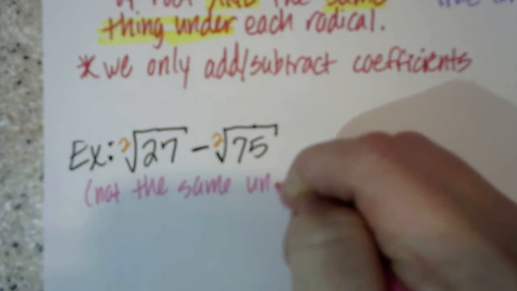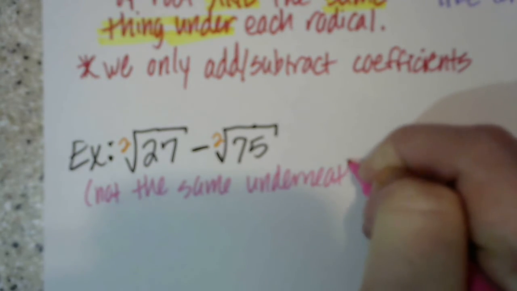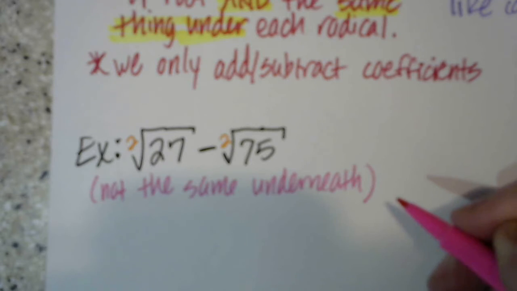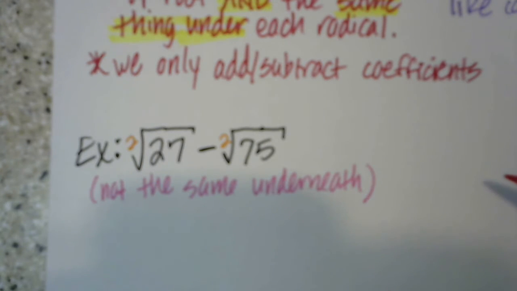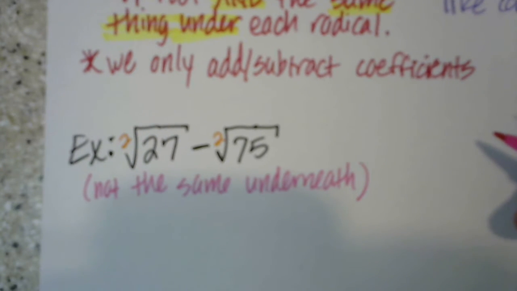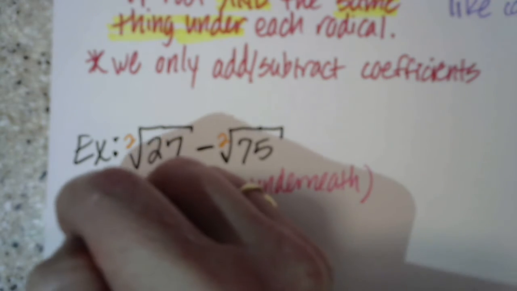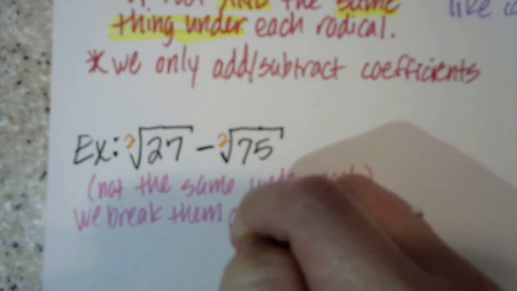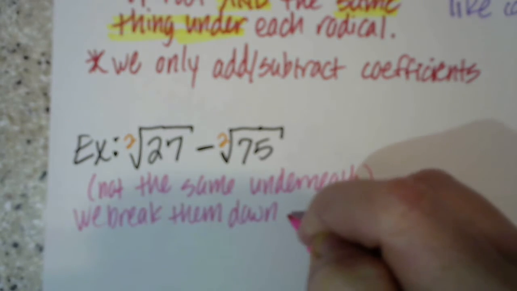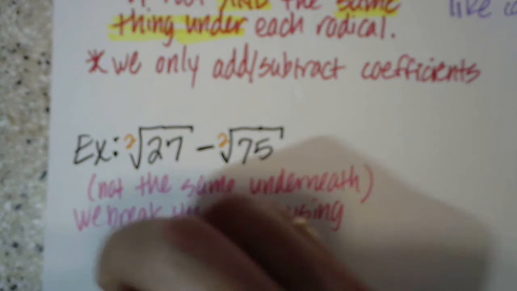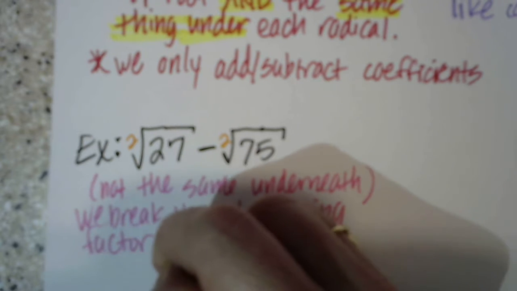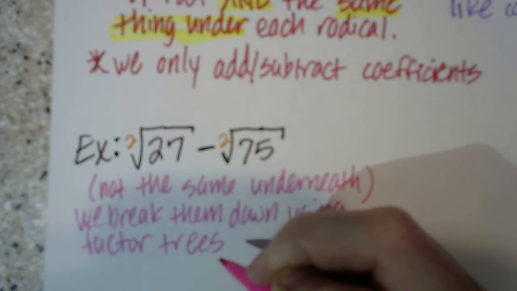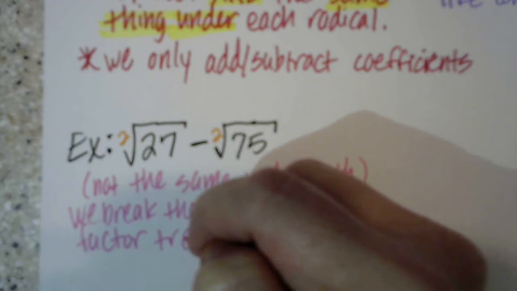Since they're not the same underneath, then I need to actually break these numbers down and see if I can make them the same, using factor trees.